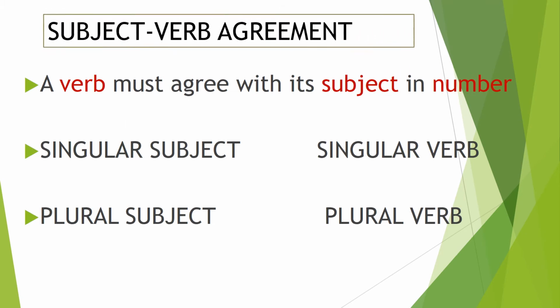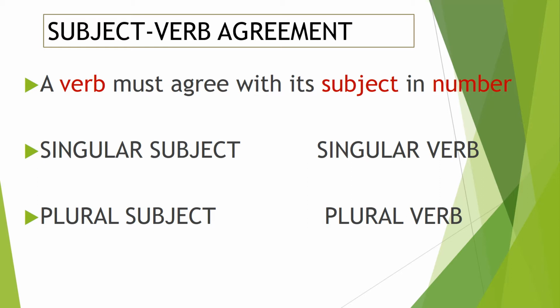Now, to start with the lesson proper with a subject-verb agreement, let me ask you a question. What do you mean by subject-verb agreement? Well, it simply means that a verb must agree with its subject in number.